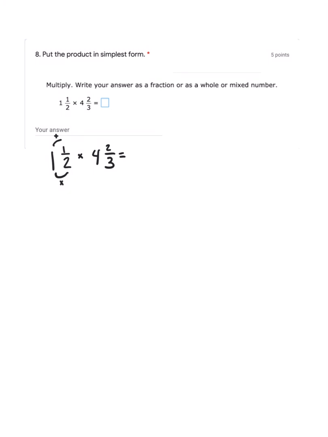We're going to multiply our denominator times our whole number amount and then add the numerator. So it's kind of like going in a circle all around your fraction. So 2 times 1 plus 1 more. That gives me 4 halves. No, 3 halves, sorry.